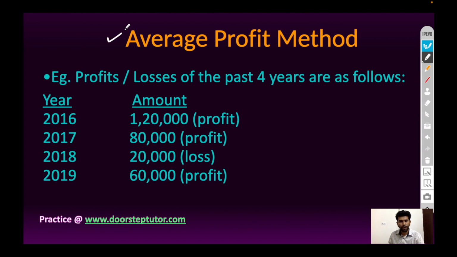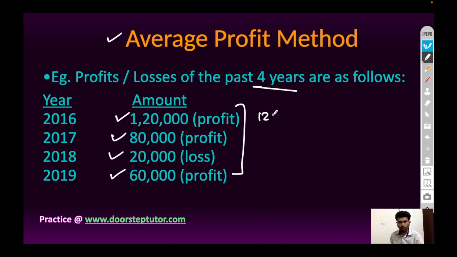First is average profit method. Profit and loss for past 4 years are given: 2016, 17, 18, 19. The amount of profit and loss are given: 1,20,000 for first year, 80,000 for second year, 20,000 loss for third year, and 60,000 profit for fourth year. So we have to sum up the profit and loss of each year, and we will divide by number of years.